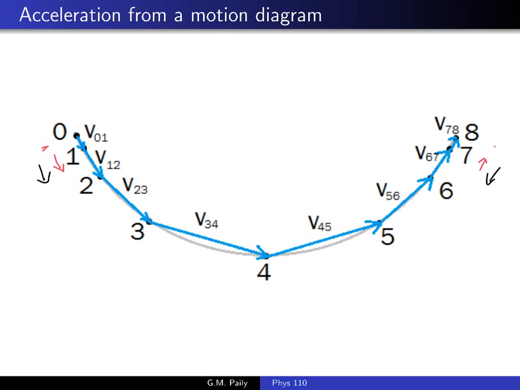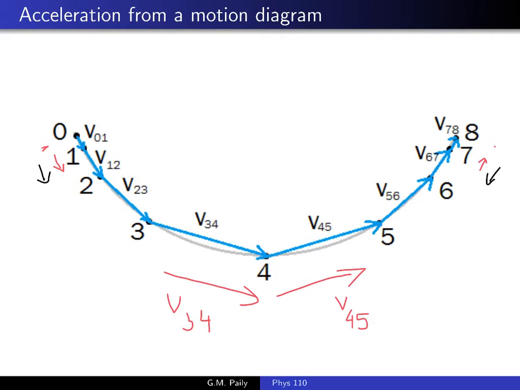What about here? Just before reaching this point, the velocity is like that, and just after, the velocity is like that. If we look at the change in velocity, that is velocity after minus velocity before, what do we get? Let's make this a bit clearer by labeling them. This is velocity v45, and this is velocity v34.